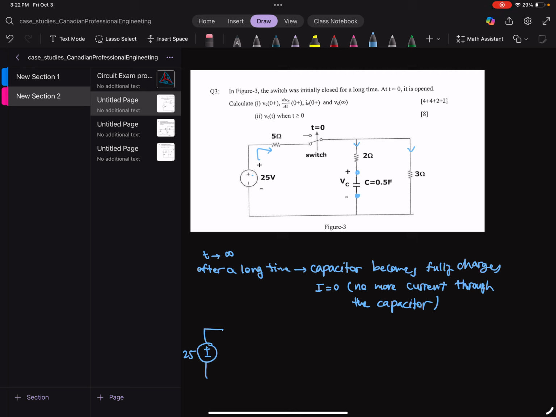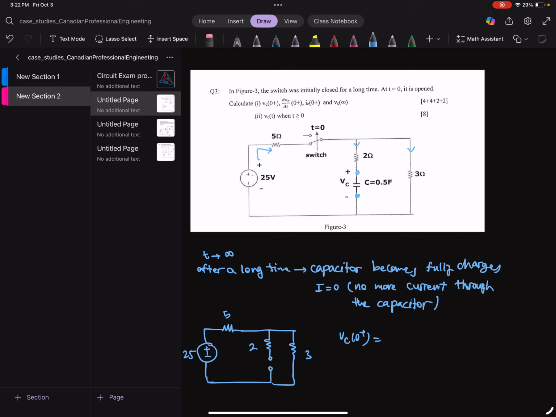We have to draw this right at the time the capacitor was fully charged and the switch is still on, it hasn't opened yet. When it says find VC at time 0 plus, it means the capacitor was fully charged. You are just turning the switch, but you haven't done that yet.